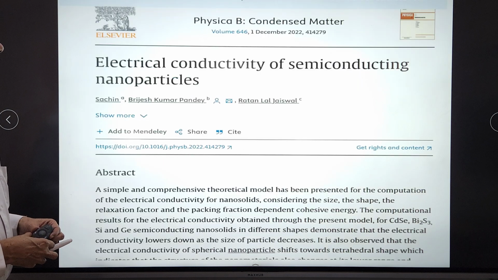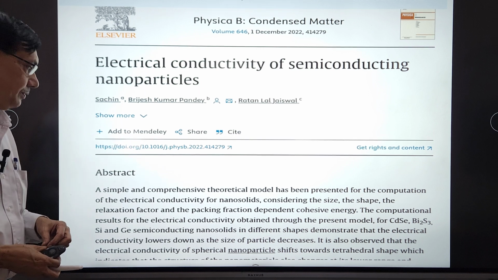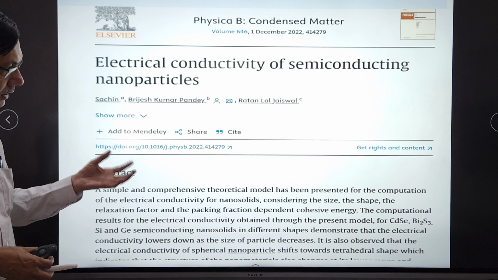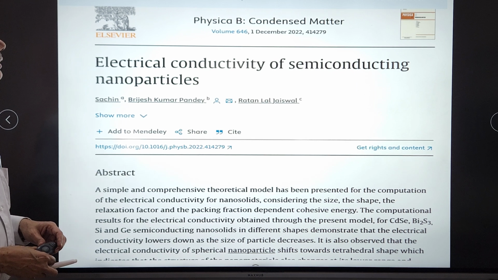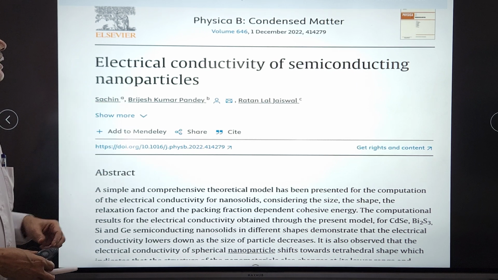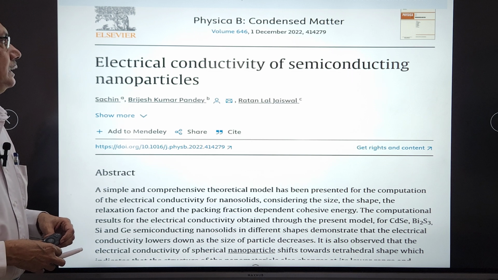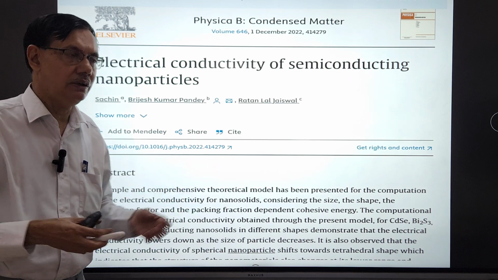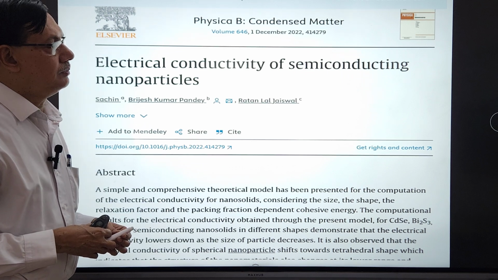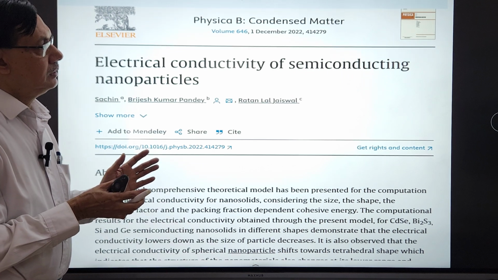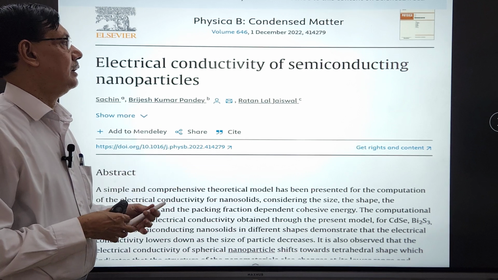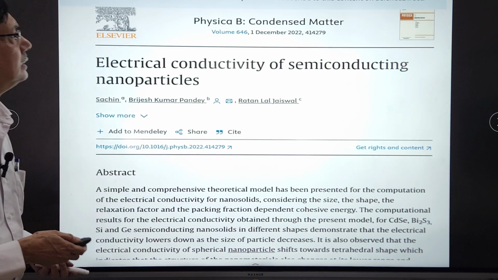Similarly, I have also referred for some information about the theoretical model. So it is also a very good paper. It is actually on the electrical conductivity of semiconducting nanoparticles. As I have already told you, nanomaterials cover nanoparticles as well as some semiconductor nanoparticles like zinc oxide and other things.